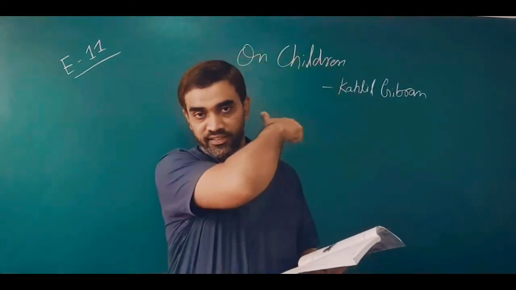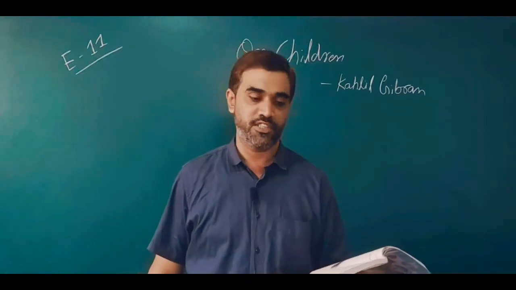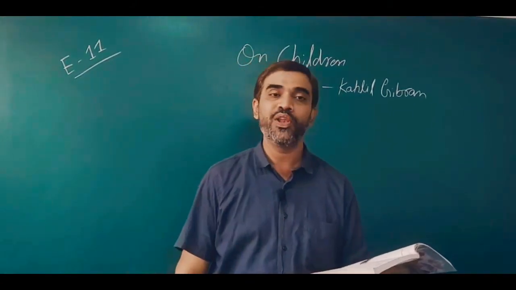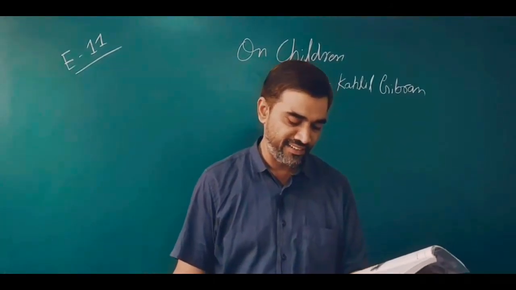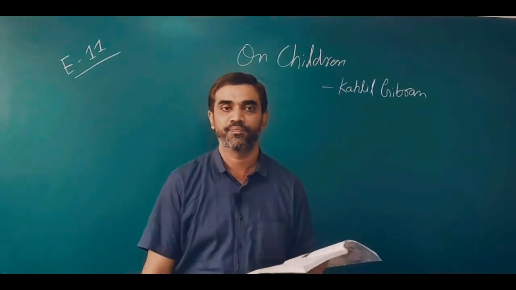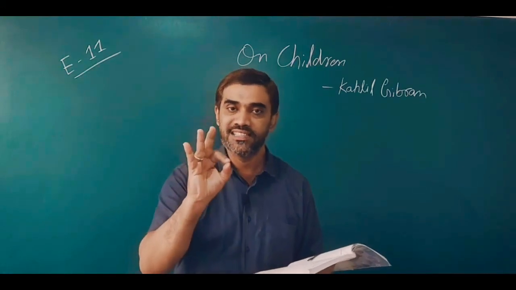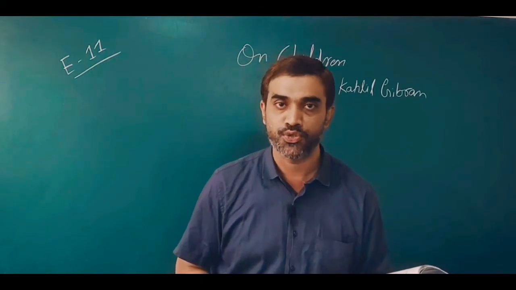Then, On Children. This title of the poem is a selection from The Prophet, which offers a critique of the usual expectations of parents regarding their children and urges them to introspect. So, here you actually come to know the gist of the poem, or the theme of the poem, so to say.